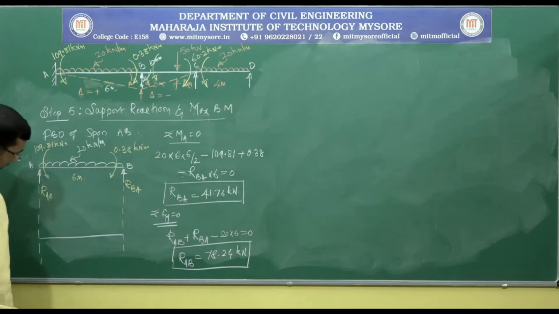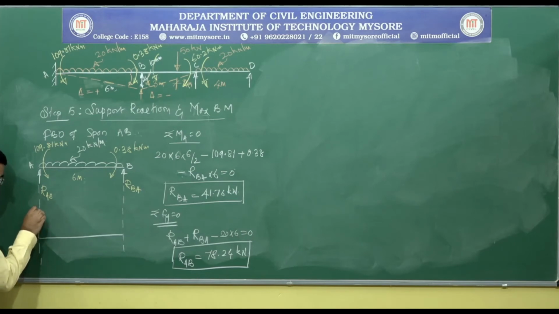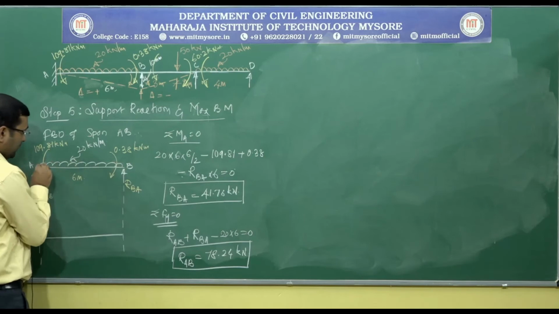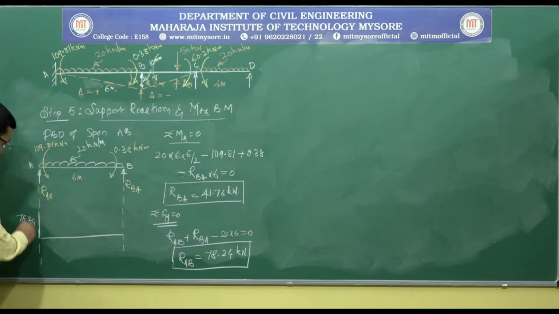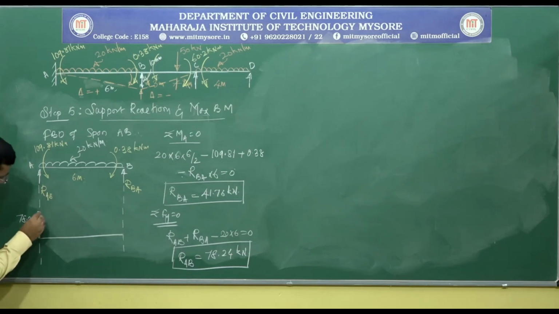Okay, so here at A we have a reacting component RAB which is acting vertically upward. So I will take the shear force line vertically upwards. It has 78.24. From A to B, we have a UDL which is acting vertically downwards. So plus 78.24 minus 20 into 6, that gives you a negative value of minus 41.76.